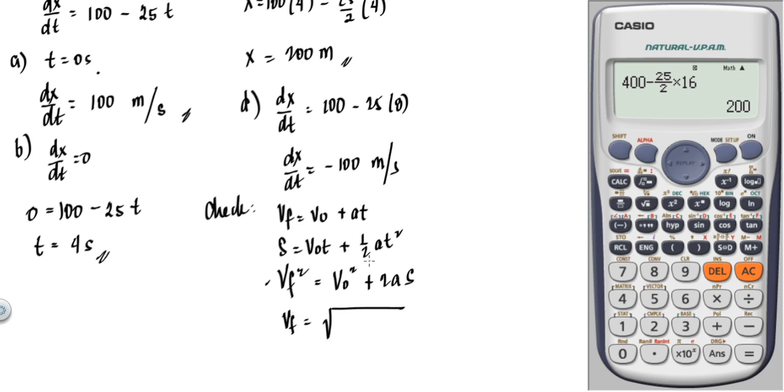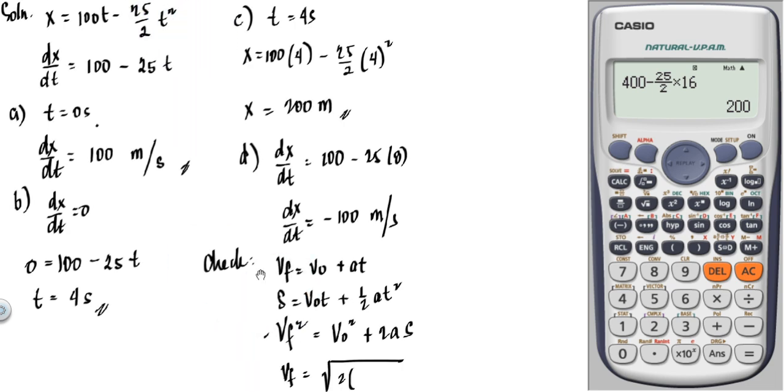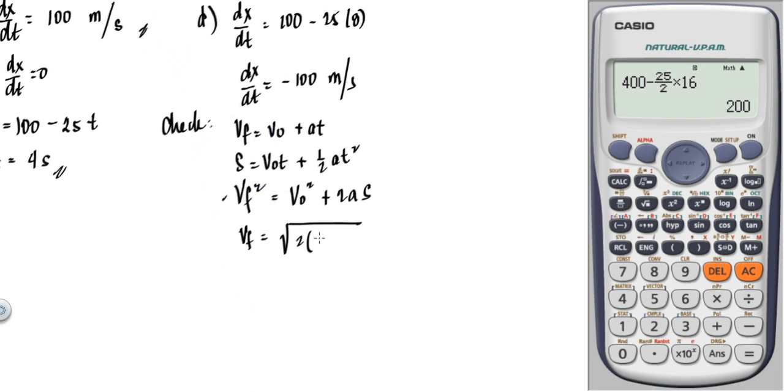0 na to. So 2 times, in this equation, if you look at our original equation, the acceleration used here is 25. It's 1 half a t squared. Look at this Vo t; Vo is 100. So based on the equation, 1 half a t squared, what is used here is the acceleration, so we use 25.